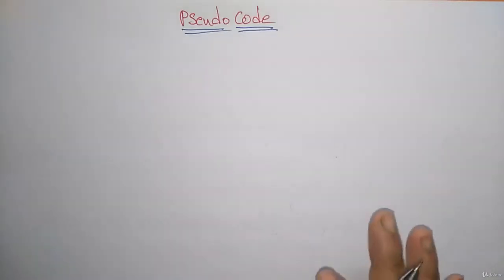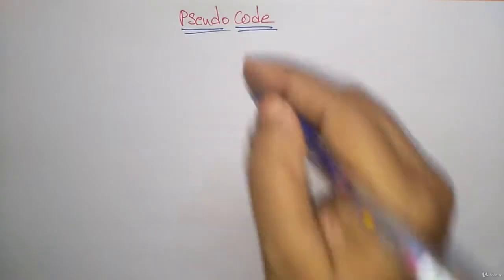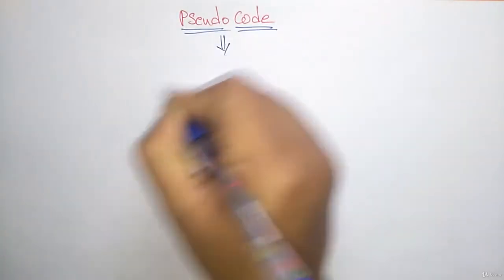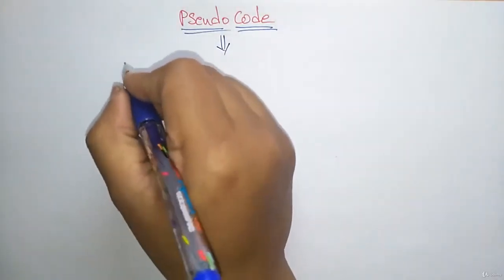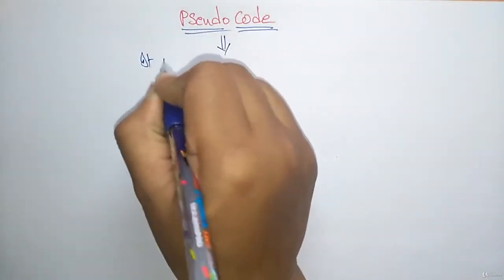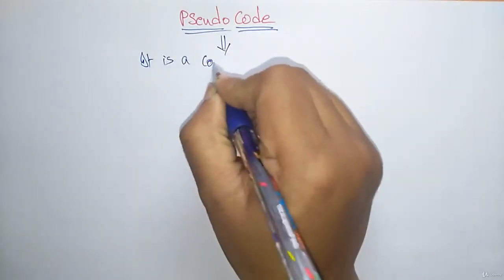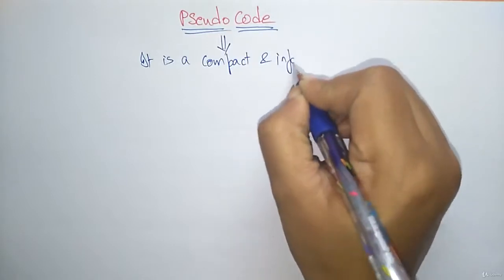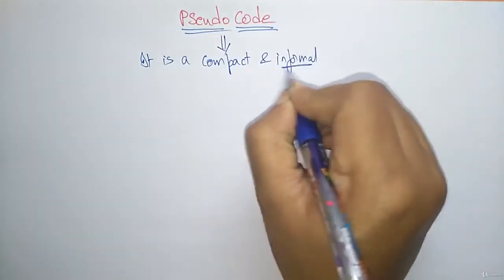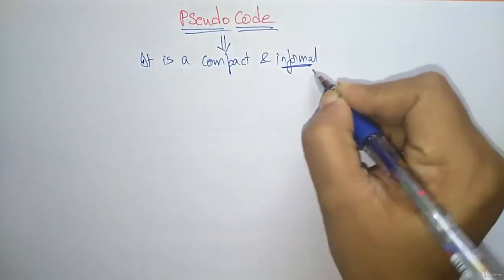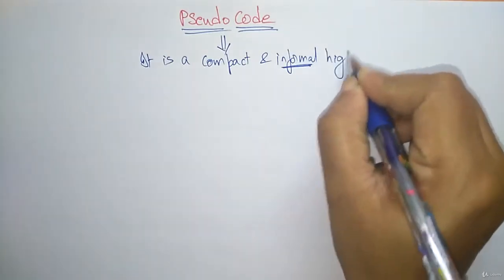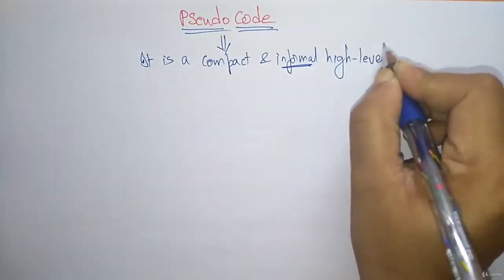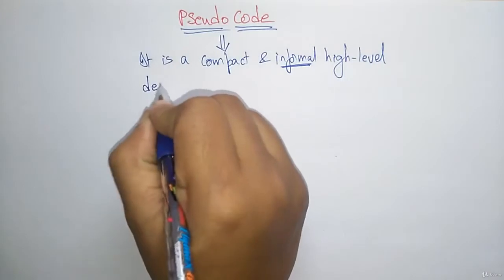Now let us see what pseudocode is. Pseudocode is a compact and informal high level description of a program.